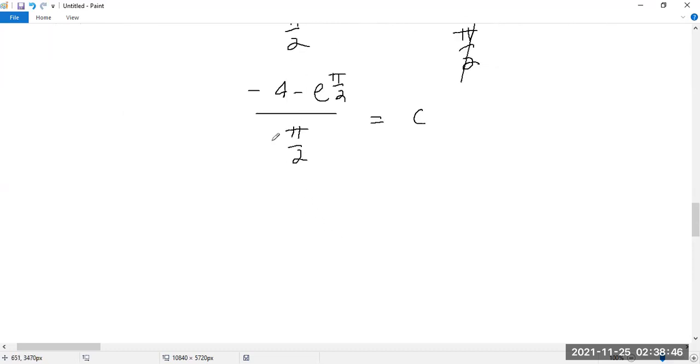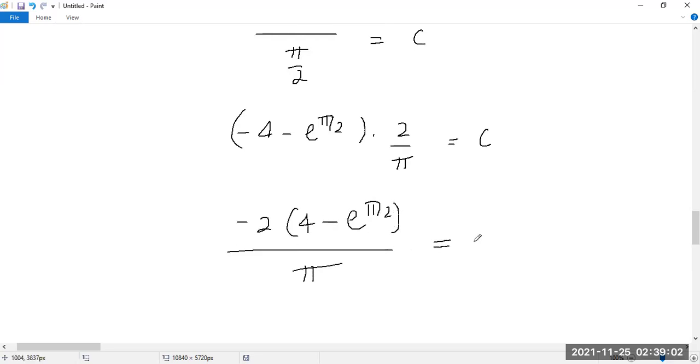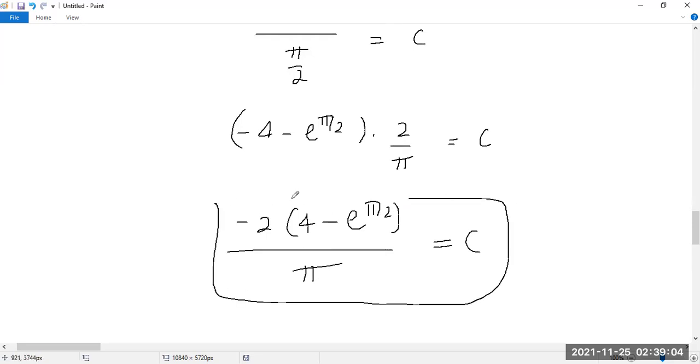And again, I'm going to take this and multiply by the reciprocal. So that means c is equal to negative 2 times negative e to the pi over 2 over pi equals c.